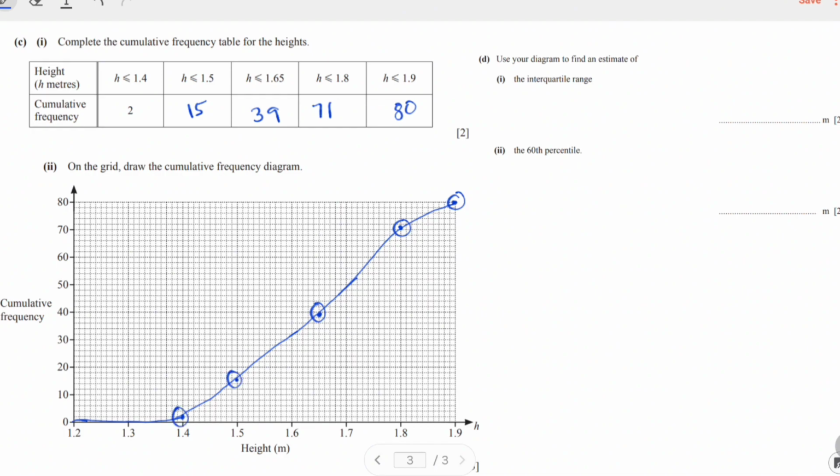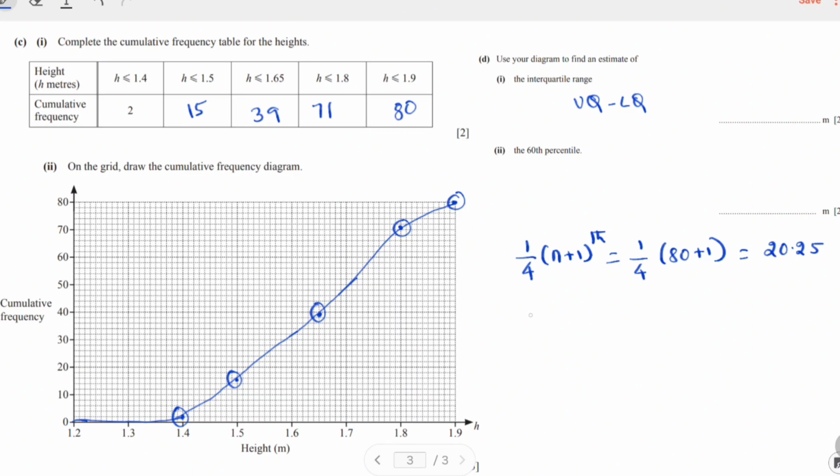Now let us find the interquartile range. The interquartile range is nothing but the upper quartile minus the lower quartile. The lower quartile is at the 1 by 4 of n plus 1th value on the cumulative frequency axis, which is 1 by 4 of 80 plus 1, and if I simplify I get 20.25.